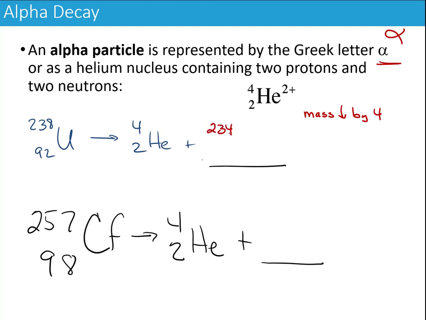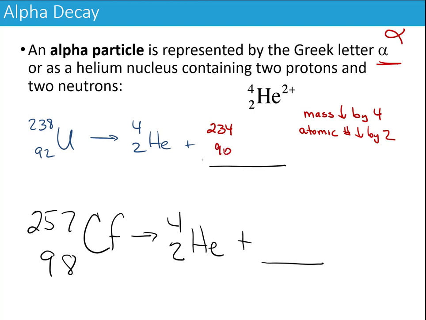So it's going to go down by 4. Now the atomic number, if 2 protons get shot out of the nucleus, is going to go down by 2. So instead of being 92, now it is 90.